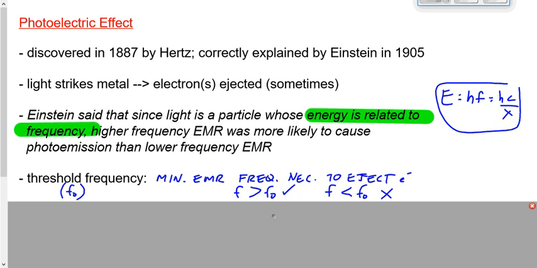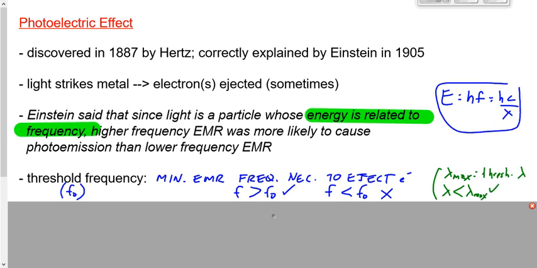Because wavelength and frequency are inversely related to each other. So I'm going to say over here in brackets, lambda max would be the threshold wavelength. If you have a wavelength that is below the maximum or the threshold wavelength, electrons are ejected.